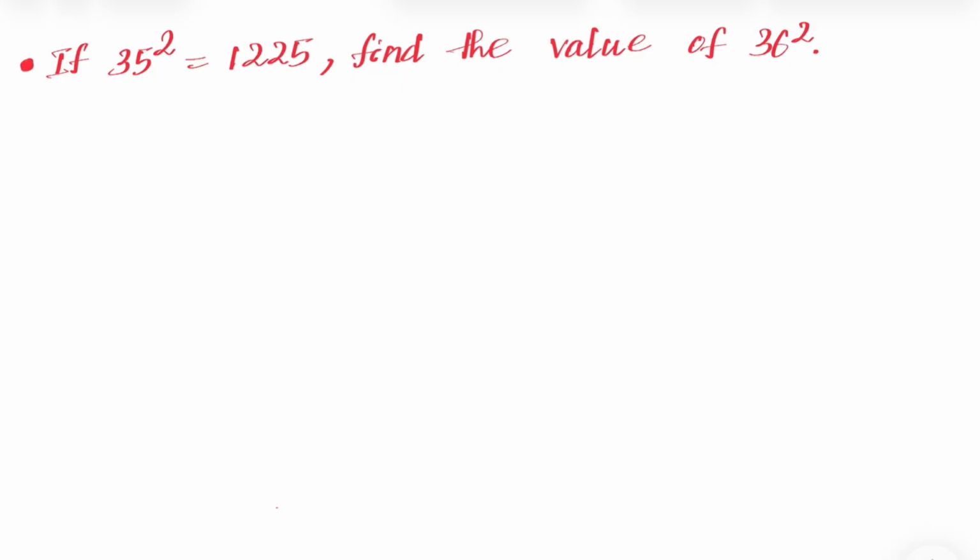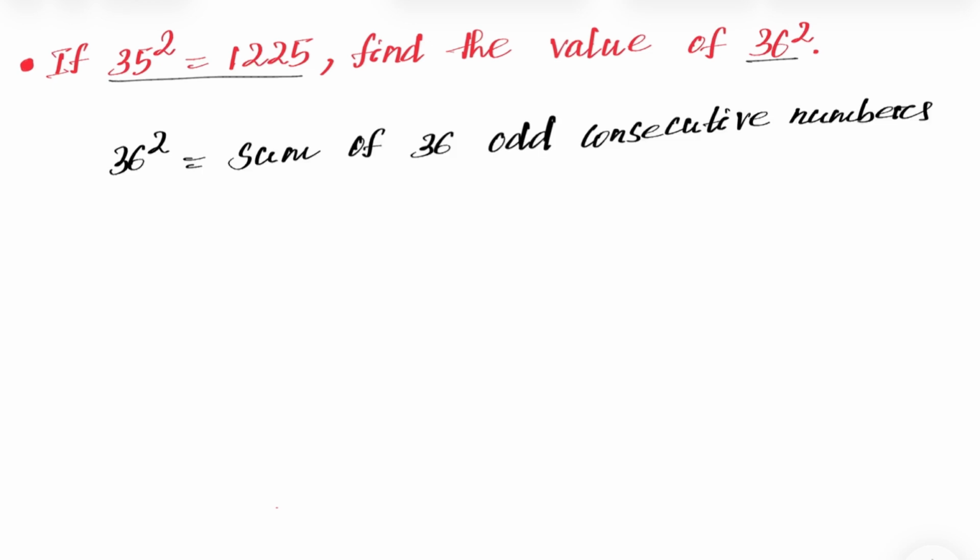Here is a question. If 35 square is 1225, find the value of 36 square. We know that 36 square is the same as the sum of 36 consecutive odd numbers starting from 1.